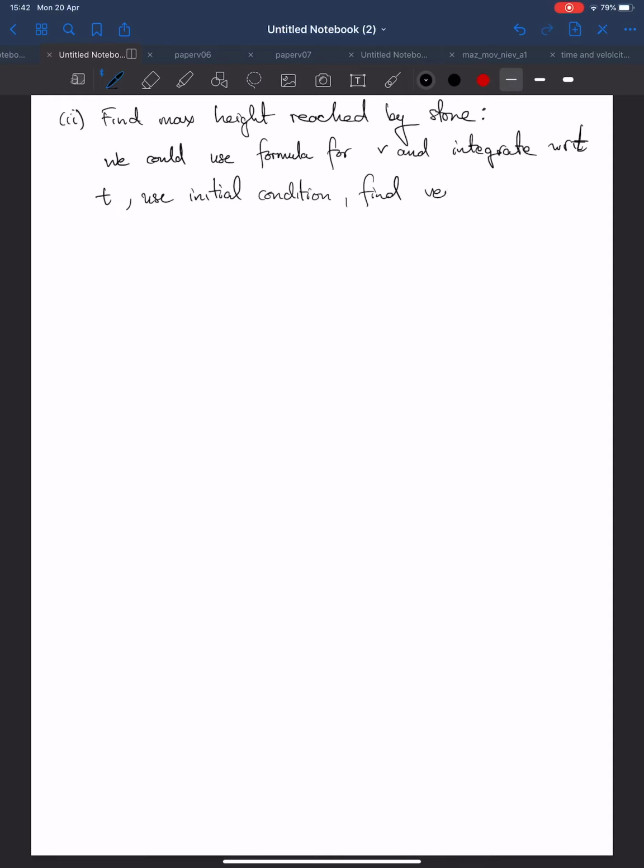Find vertical displacement as a function of t. Find the time of max height.